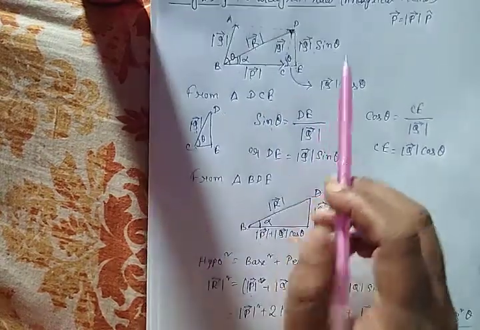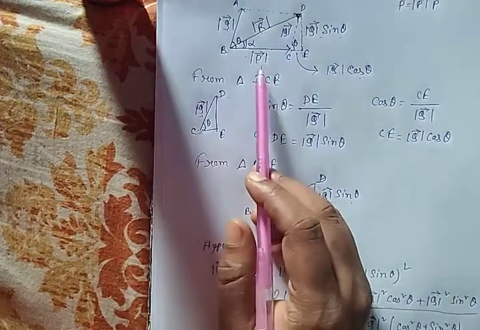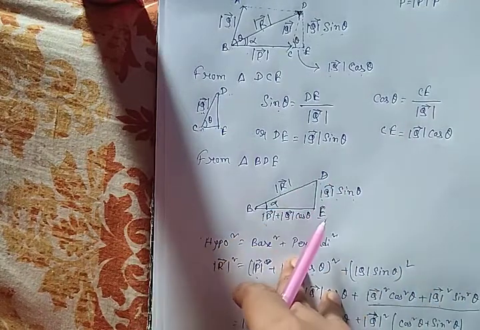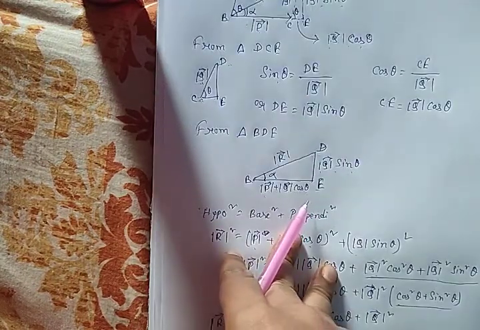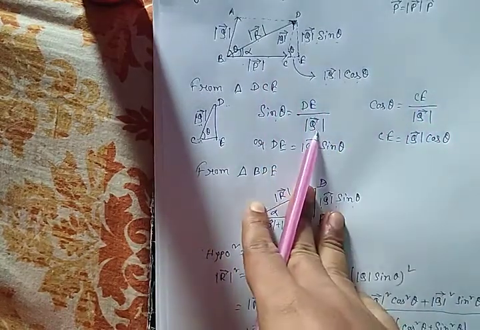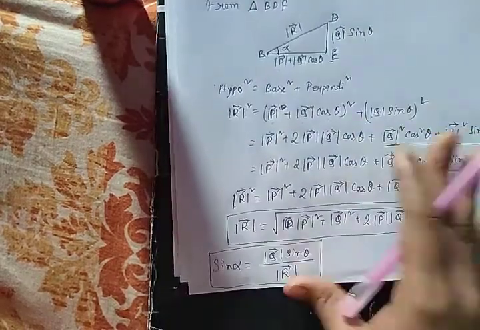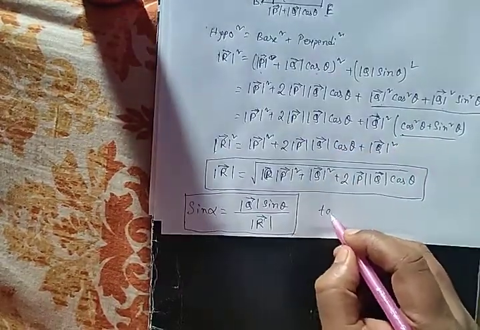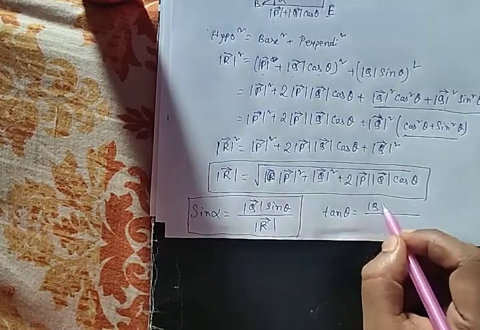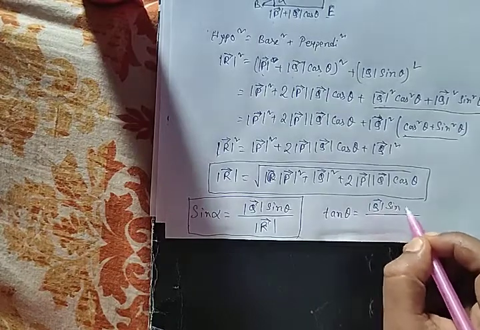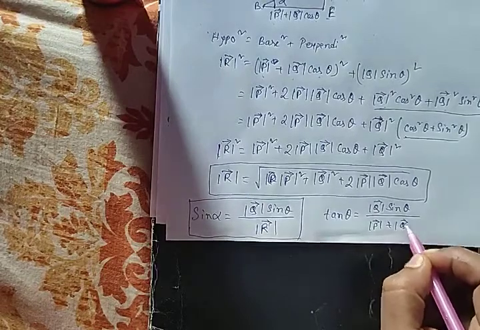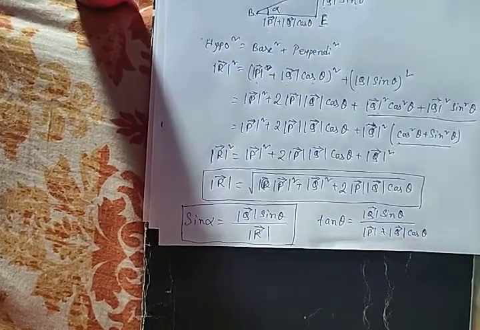We have found that the value of perpendicular is mod Q sine theta, and the value of base is how much? Mod P plus mod Q cos theta. Okay, so tan alpha is equal to mod Q sin theta divided by mod P plus mod Q cos theta.